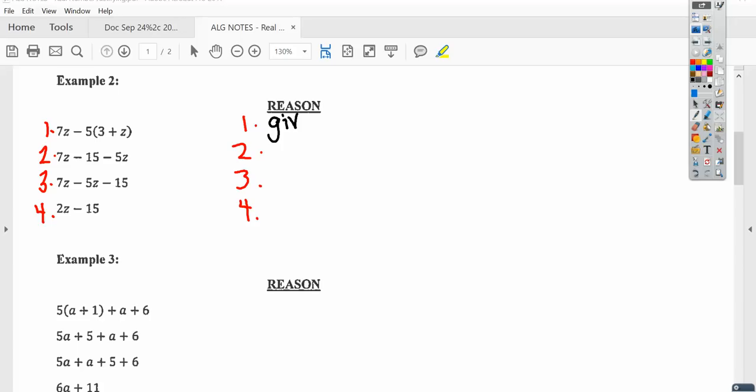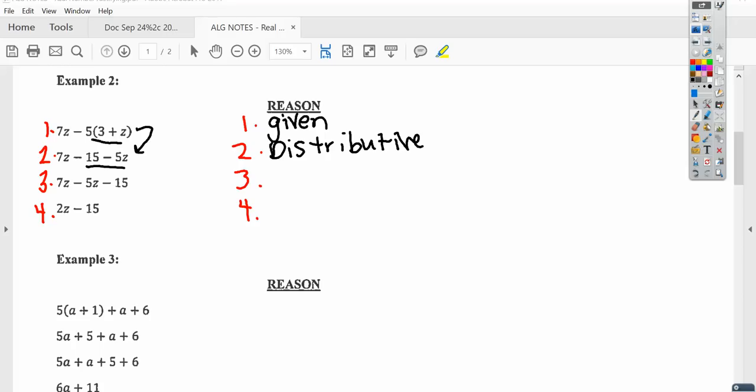It's given to me. Step 1 is the problem that's always printed on your paper. Now if I go from step 1 to step 2, what changes? Notice in step 1 I had parentheses, but in step 2 I got rid of the parentheses. What property allows me to get rid of those parentheses? Hopefully you're all telling me it's the distributive property.